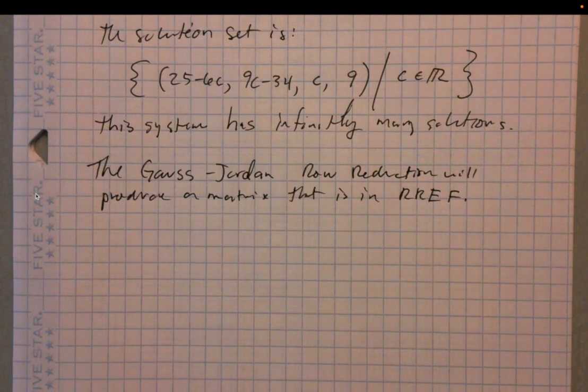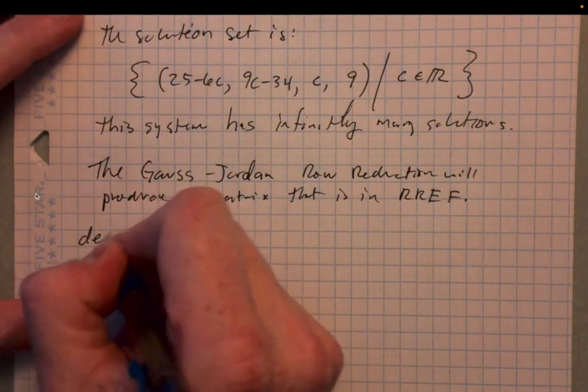Okay. So we've seen some examples of RREF. Well, we just saw one example so far, actually. But let's talk through the characteristics of a matrix in reduced row echelon form. So let's define it.